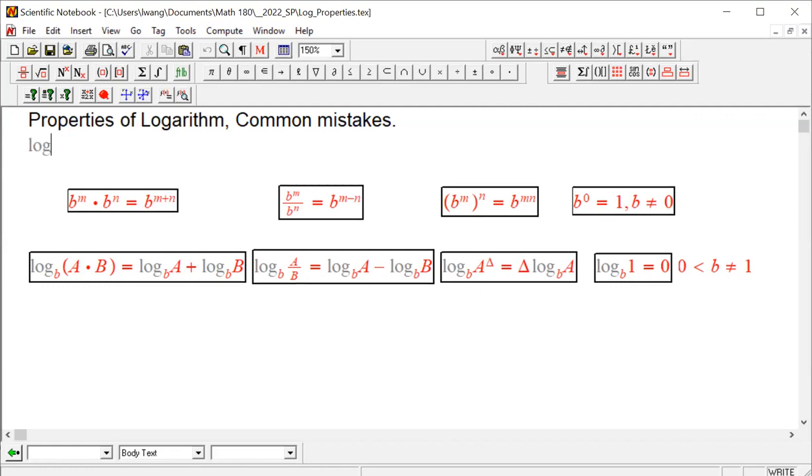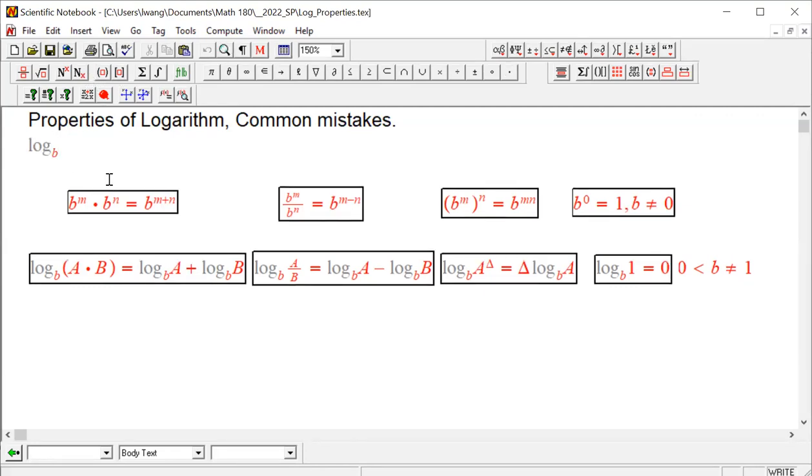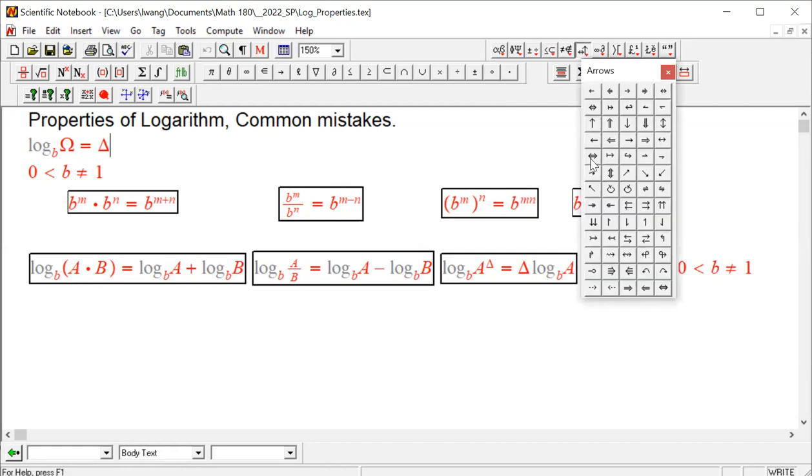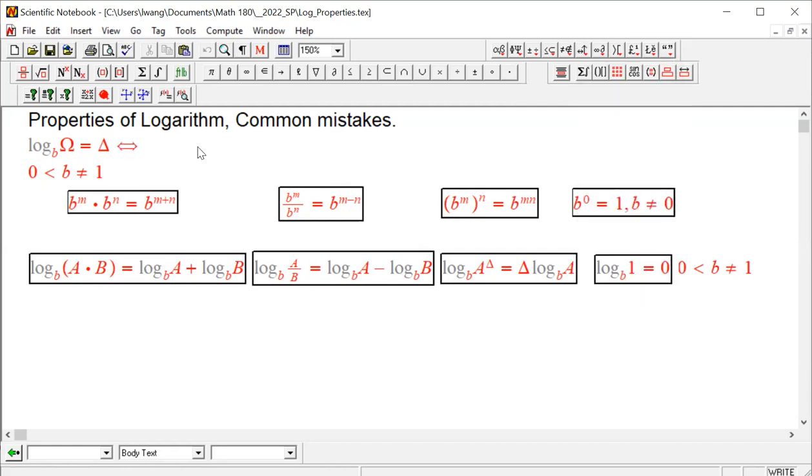The definition is log base b, where b has to be greater than 0 and not equal to 1, of any positive number. If that equals triangle, whatever it is, we know that number can be any real number, and that means b raised to the power of triangle is equal to omega.